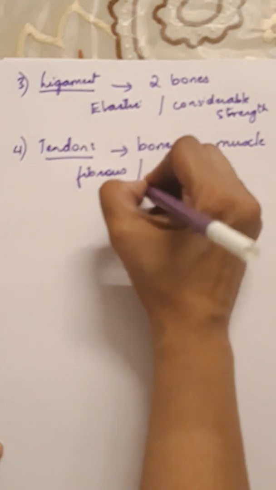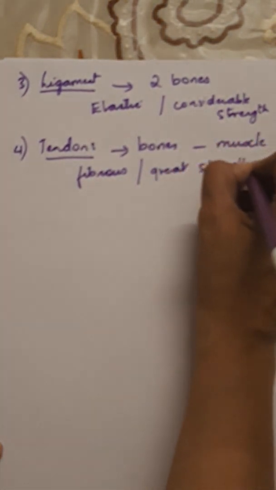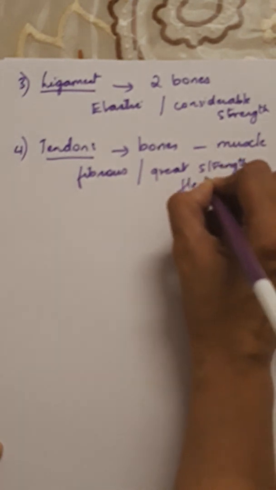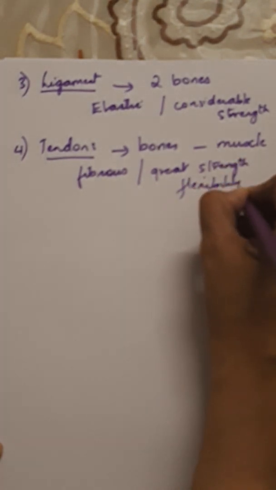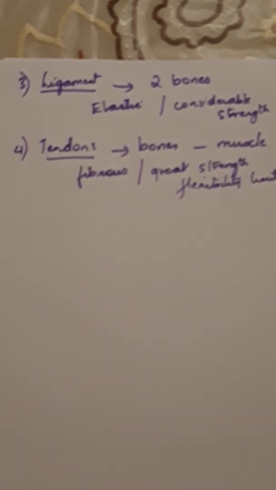Besides being fibrous, it has great strength, but its flexibility is limited. Is that clear? So tendons connect muscles to bones. They are fibrous. They have great strength but limited flexibility. This is a picture of tendon.